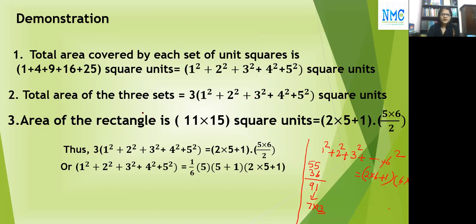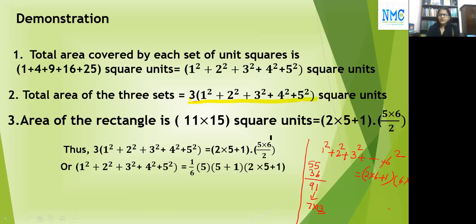The total area of the three sets will be 3 times this: 3 times 1 square plus 2 square plus 3 square plus 4 square plus 5 square units.